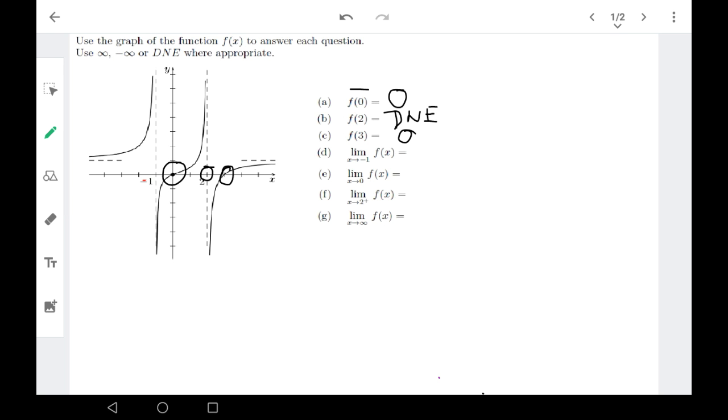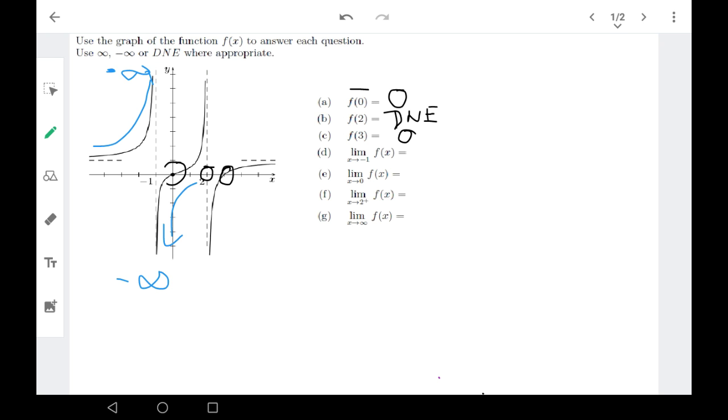So the limit of f of x as x approaches -1. If I try to approach -1, what is happening here in my graph? If I approach from this side, I'm going to positive infinity in y, right? But if I approach from this other side here, I'm approaching negative infinity on y. So what is the limit of a function? It is the y value that you approach at that x.